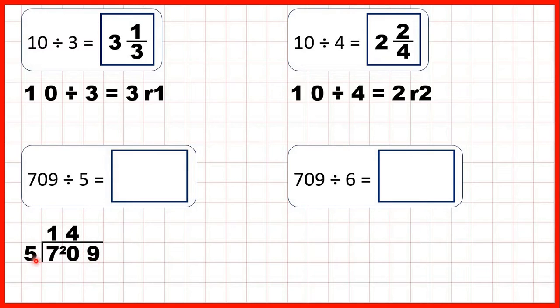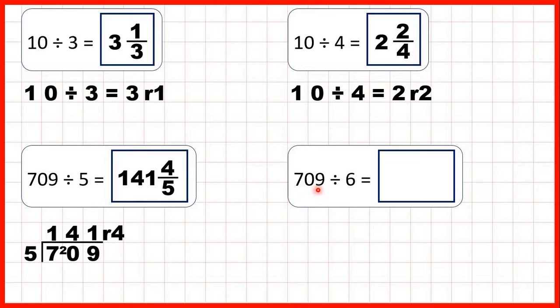But 9 divided by 5 is 1 remainder 4, because 1 times 5 is 5, but then we need 4 more to get to 9. So we can write 141 as our whole number, 4, so the remainder 4 as our numerator, and then the denominator is 5 because that's our divisor. That's the number we're dividing by.